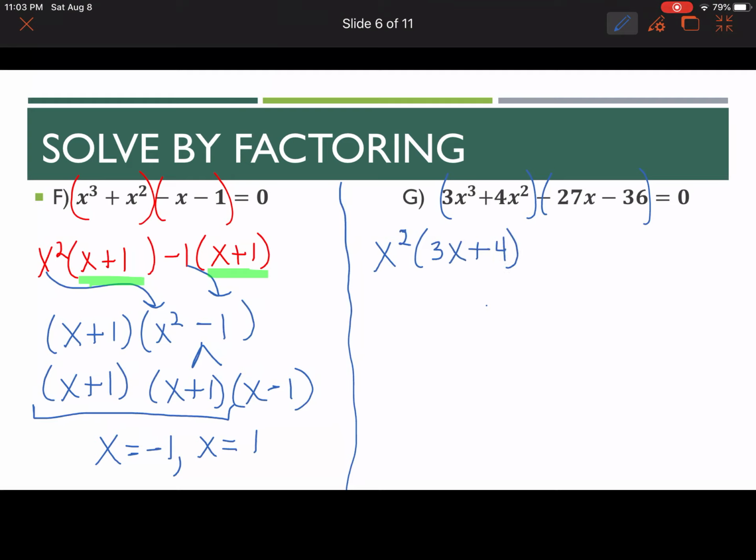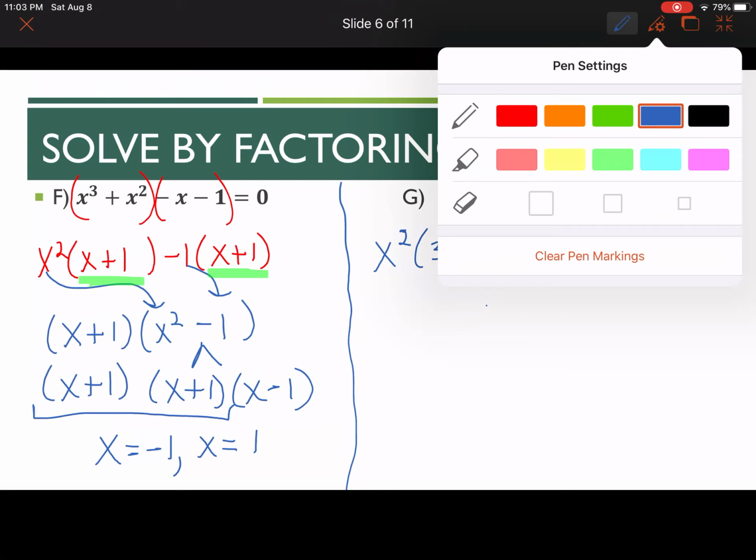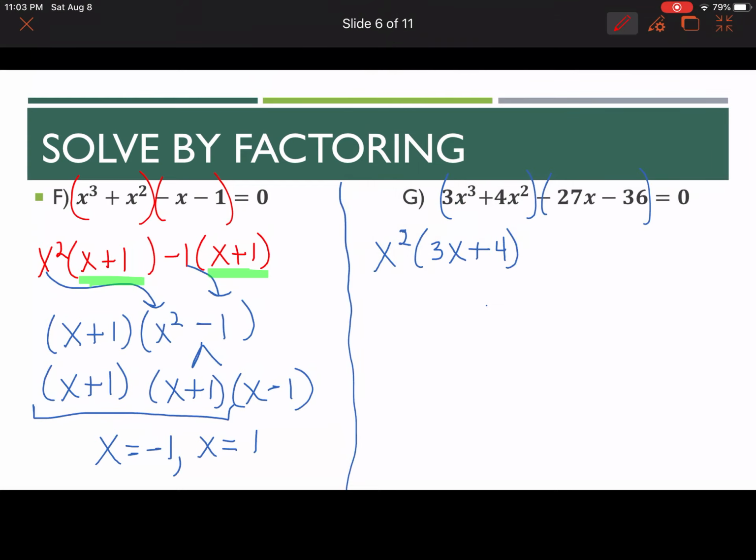Okay, so essentially I'm dividing those two terms by x squared. In my second group, I am going to take out a -9. So -27x divided by -9 is 3x. -36 divided by -9 is +4.